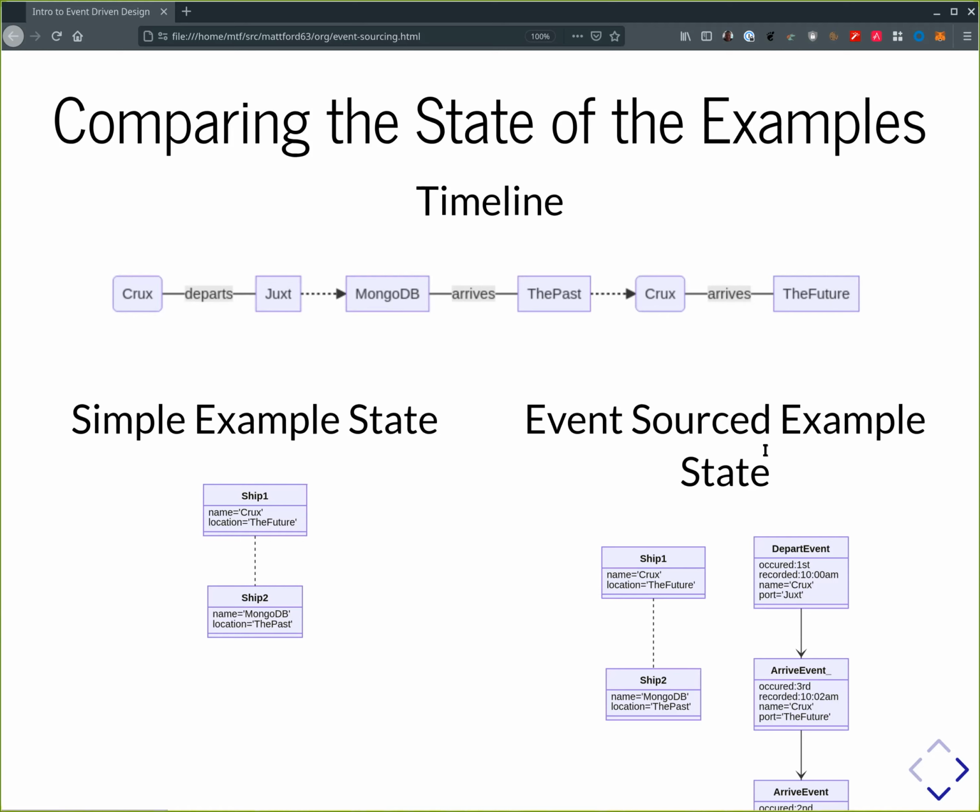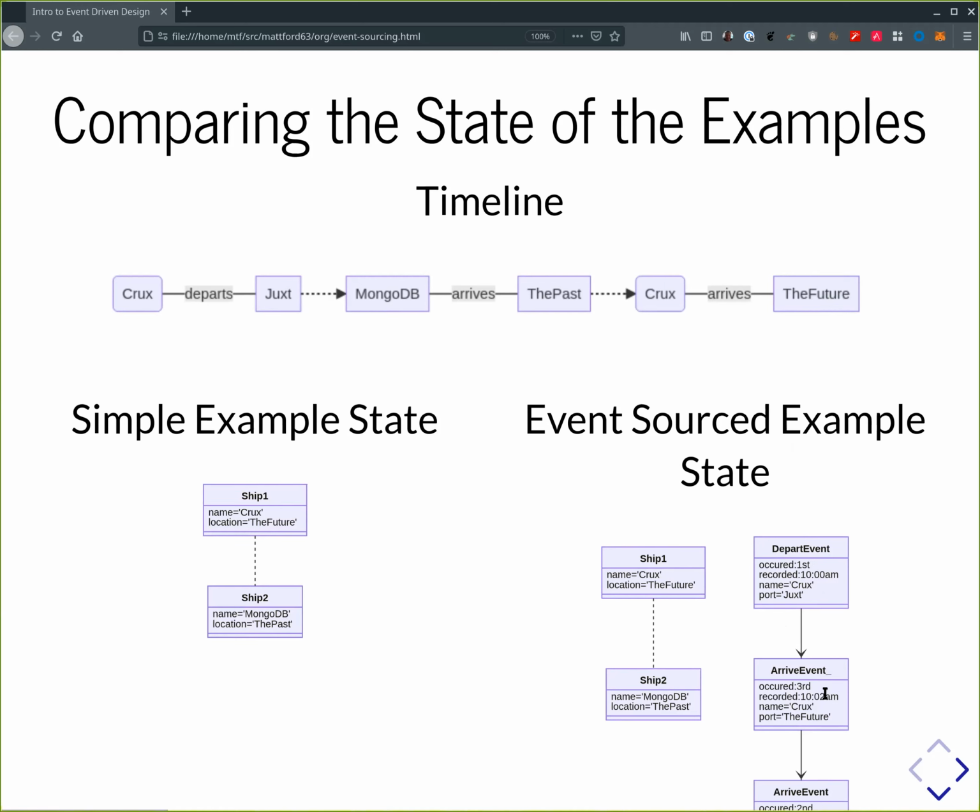If we look at what the state looks like for our objects with the event sourcing pattern introduced, we've still got the latest version of what the objects look like, but we've also got an ordered list in terms of the arrival of those events. And we can see here the ship Crux at the port JUXT. This was the first event, at 10 o'clock.